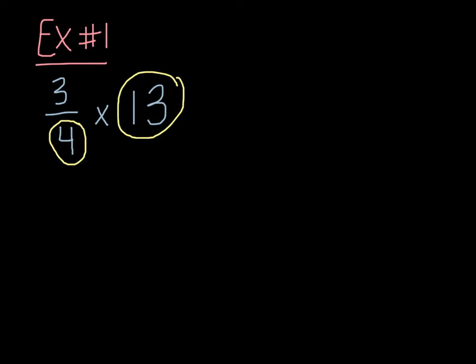So I'm going to change 13 to 16 because it's close to 13, and I know 16 can easily be divided by 4. So that's what they mean when they say use compatible numbers.